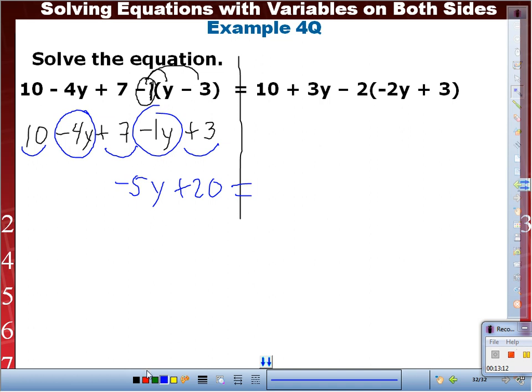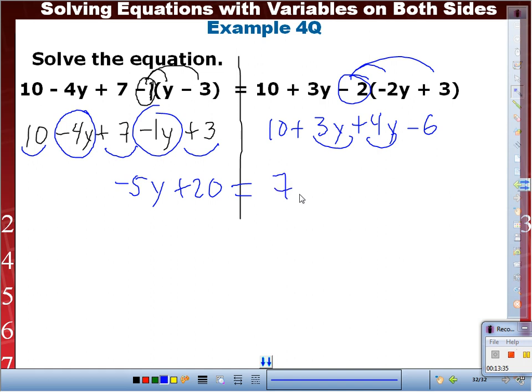Continue, Leslie R. What do I do over here? Distribute the negative 2, so this becomes positive 4y minus 6. Bring down the 3y plus 10. Continue. This becomes 7y plus 4. Okay. Continue, Kylie.